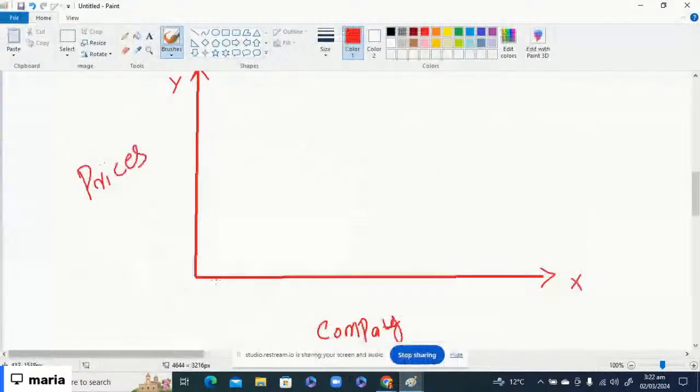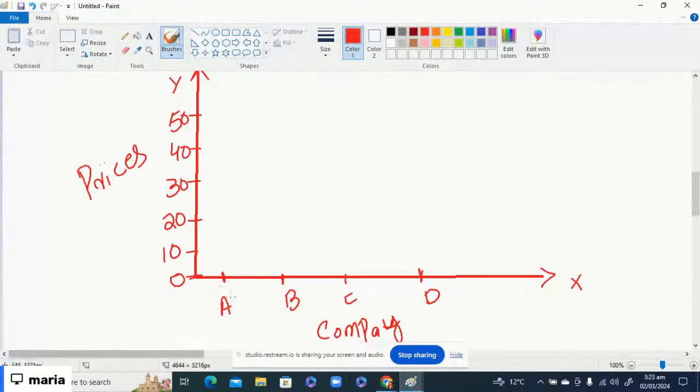For example, this is company A, then company B, then company C, then company D. These are the names of the different companies. The scale goes 0, 10, 20, 30, 40, 50.